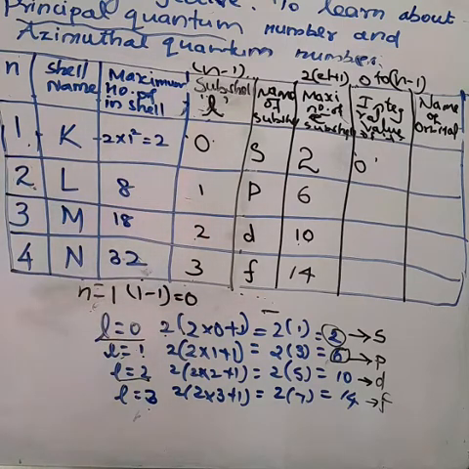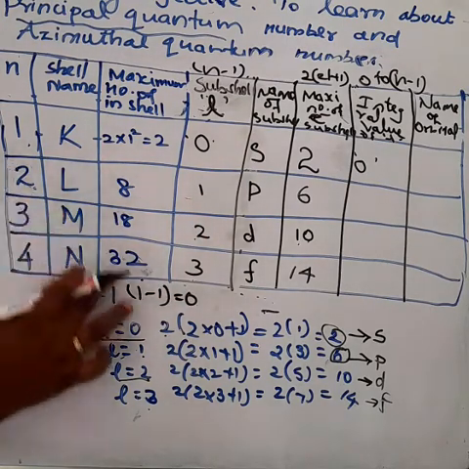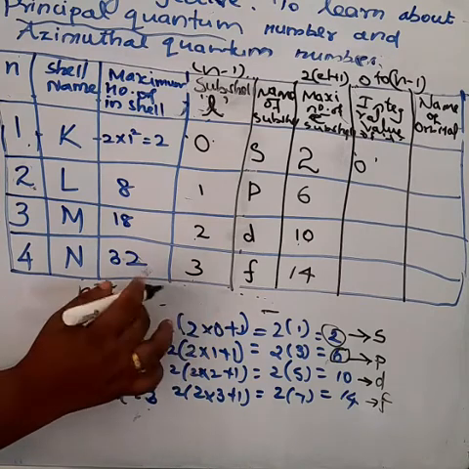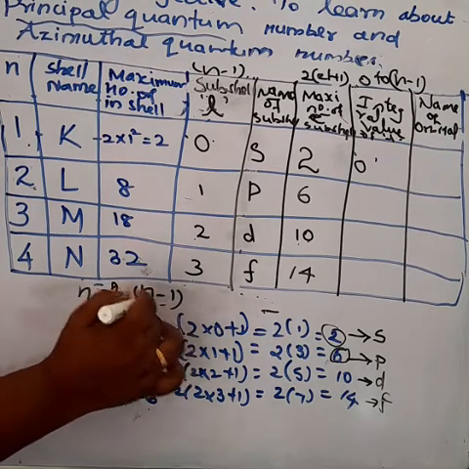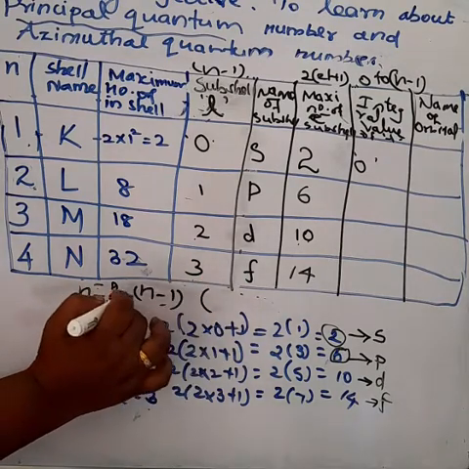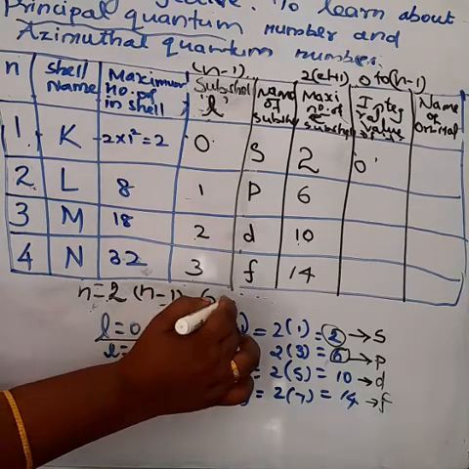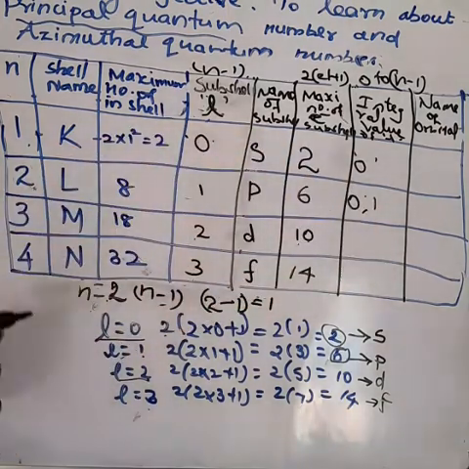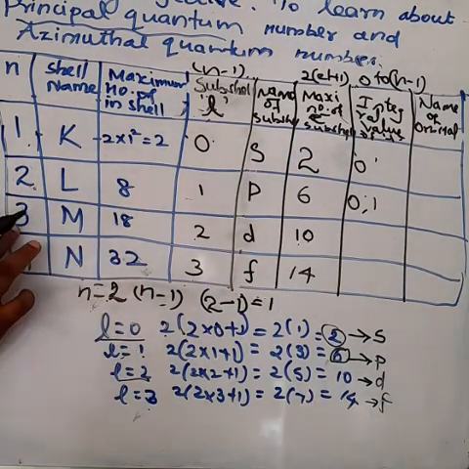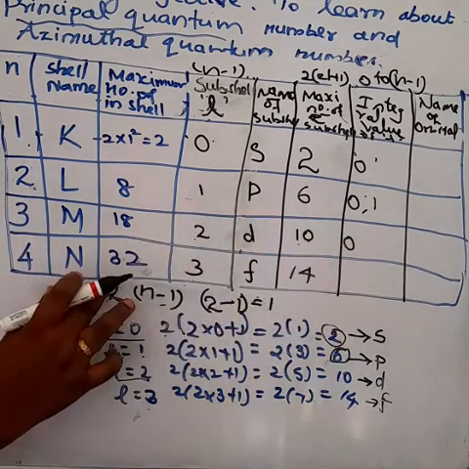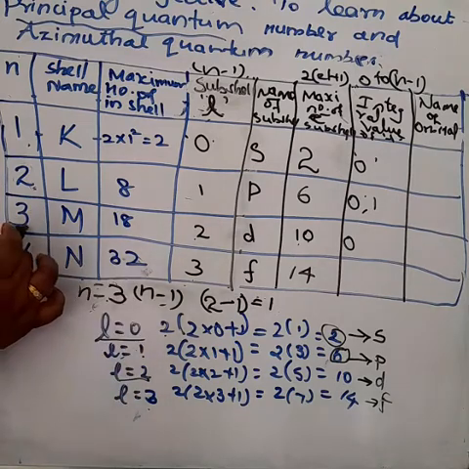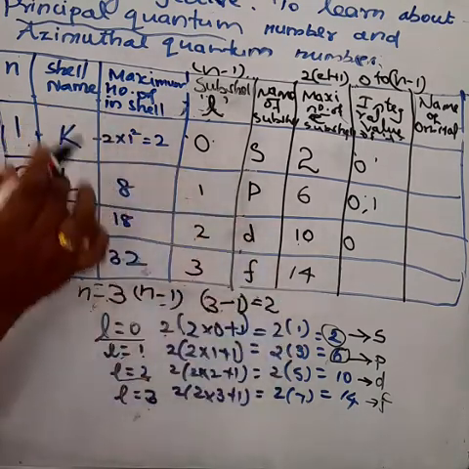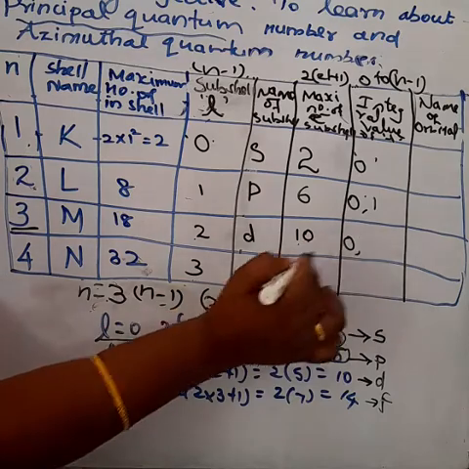When n is equal to 2, we can start from 0 to n minus 1; we take n as 2, so 2 minus 1 we get 1. So 0 and 1. And then for the third, the integral value of L we can start from 0 to n minus 1. For n we are taking 3, so 3 minus 1 we get 2.